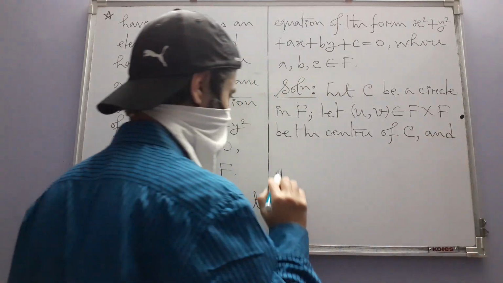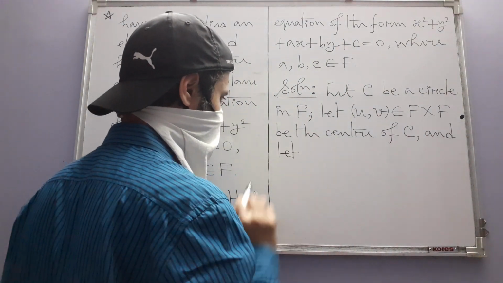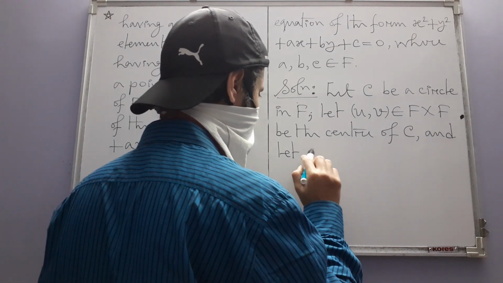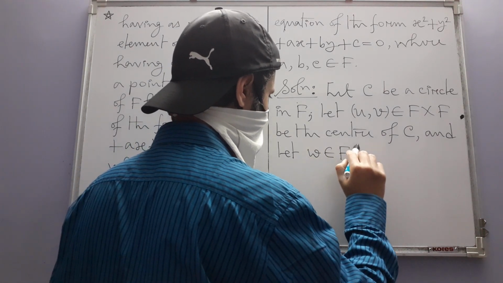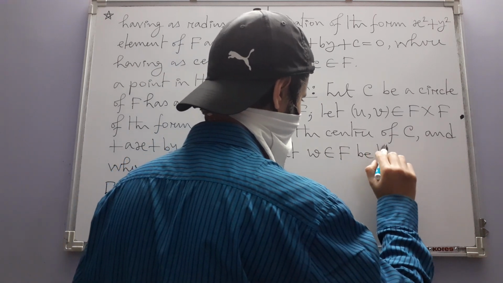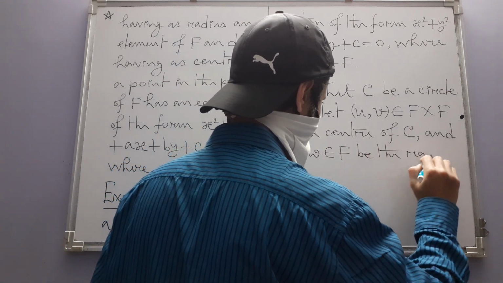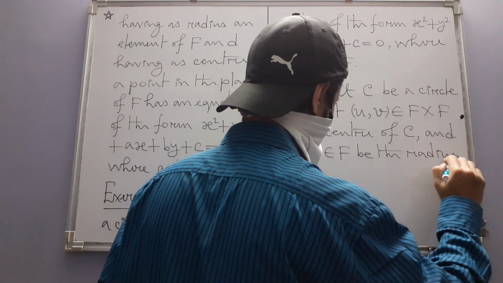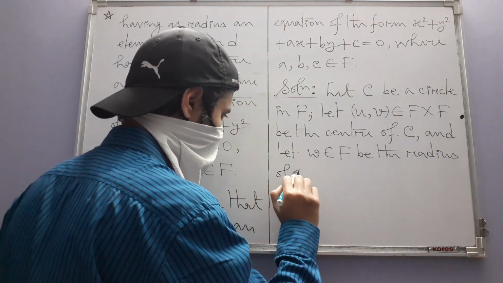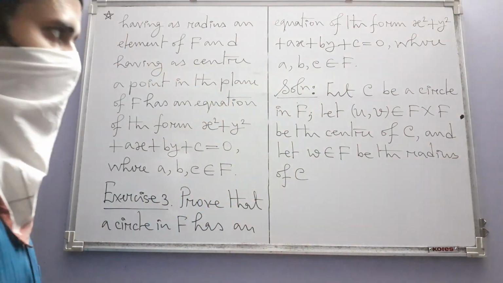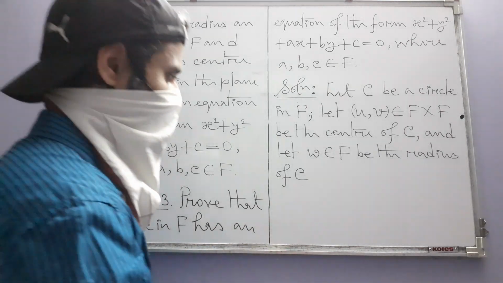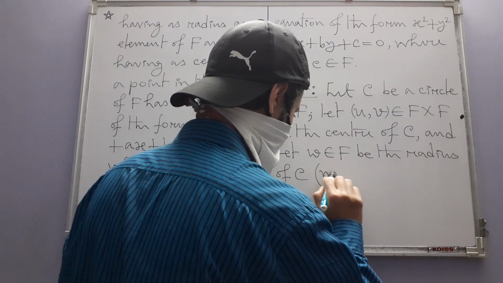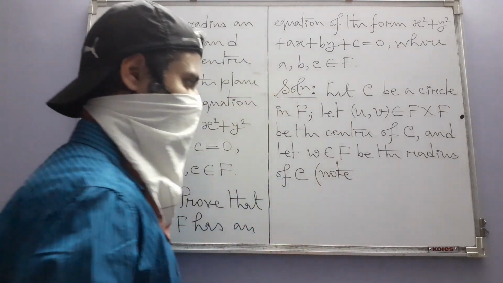and let W belonging to F be the radius of C. And W being the radius of C of course automatically means that W is non-negative.